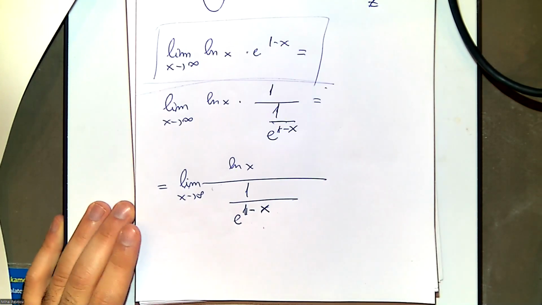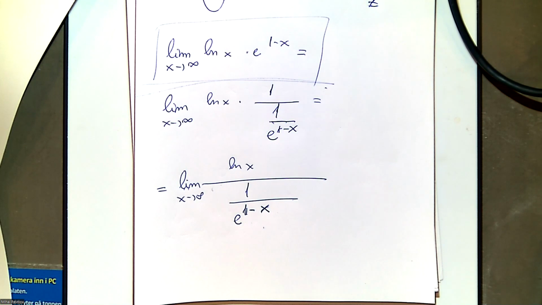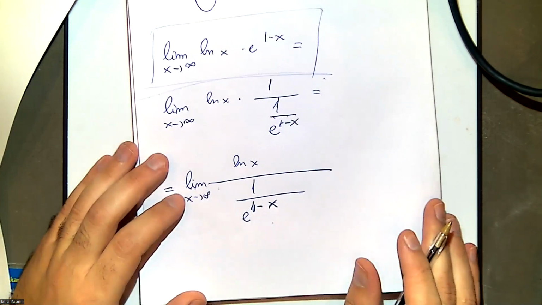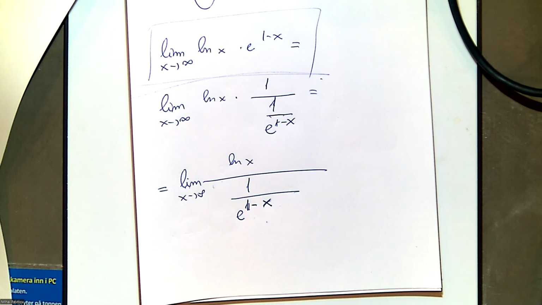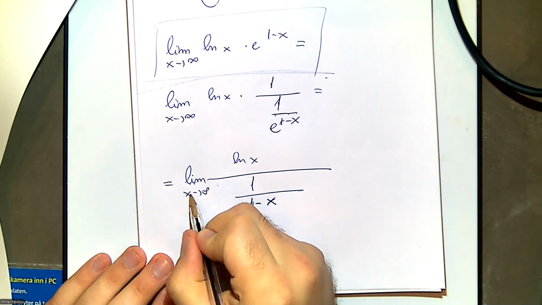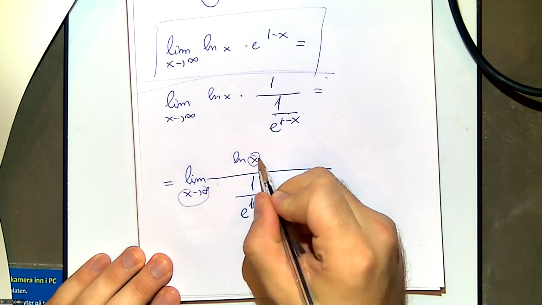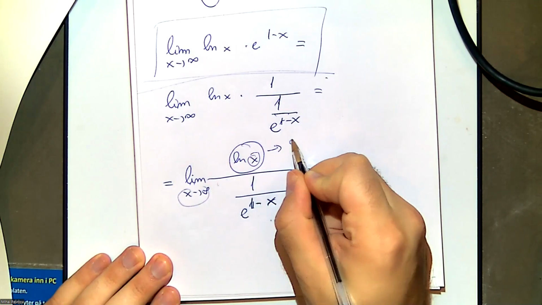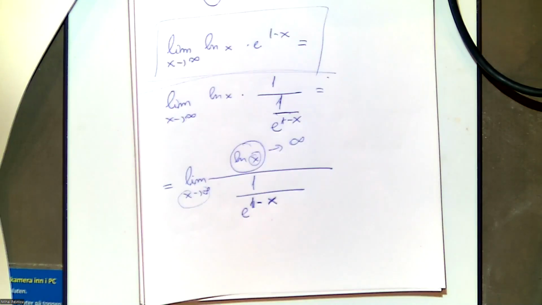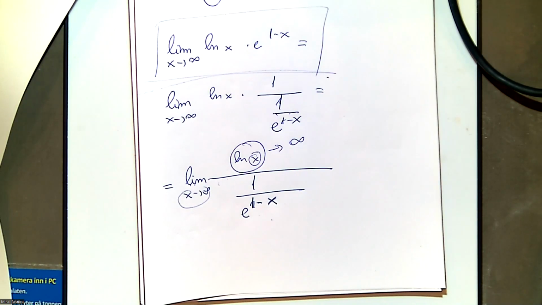So now, before doing that change, let's evaluate this, because in some cases you're not going to be able to flip it nicely. Let's evaluate what's up top. When x goes to infinity, ln of x goes to infinity. We're all on board with that. Now let's see what's down below.